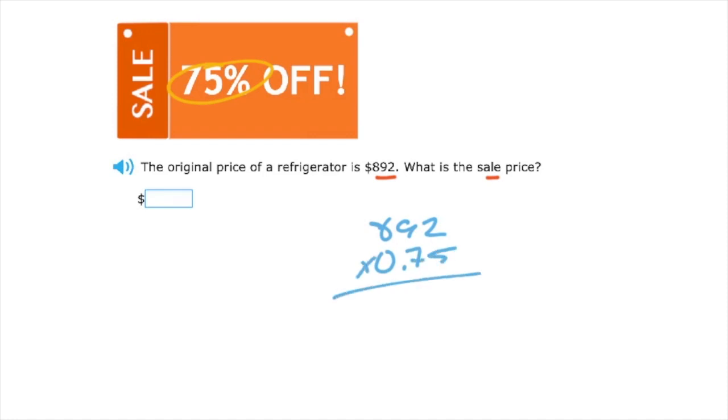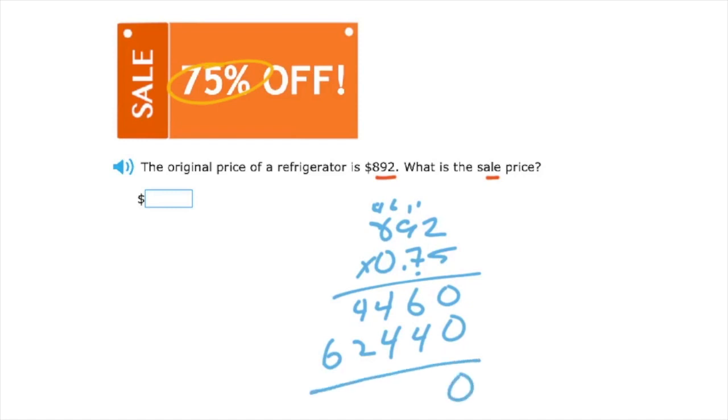So, like our previous problems, 892 times 0.75. Okay, so if we follow all the steps, 5 times 2 is 10, 5 times 9, 45, plus 1, 46, 5 times 8, 40, plus 4, 44. Add a decimal. Remember this decimal placeholder because now we're multiplying by the tenths column, not the hundredths. So 7 times 2, 14, 7 times 9, 63, plus 1 more, 64, and 7 times 8, 56, plus 6, 62.